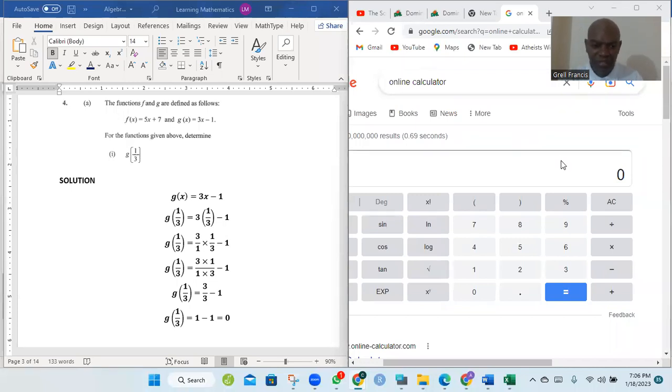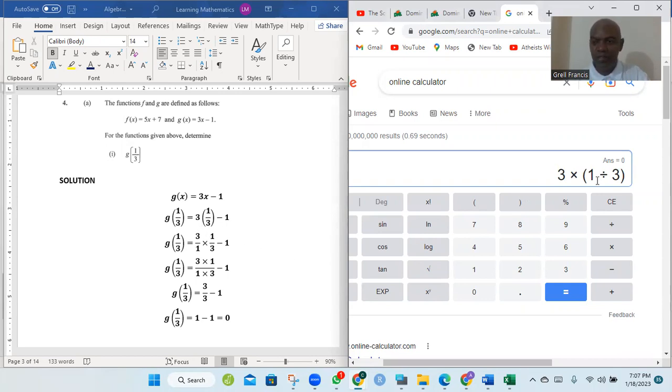So to prove this in our calculator, to prove that 3 times a third is 1, you put 3 times, and in a bracket, you put 1 over 3. 1 over 3 is the same as 1 upon 3. Okay, so it's 3 times 1 over 3.